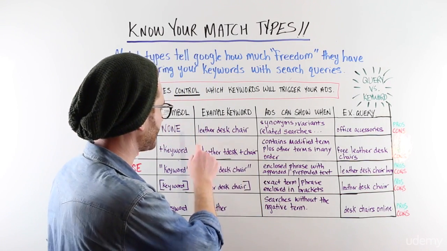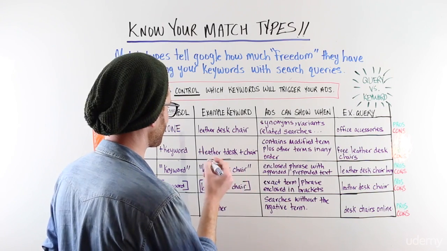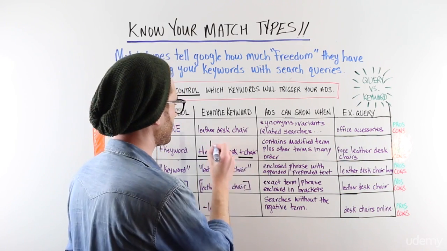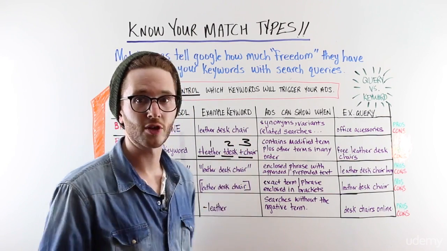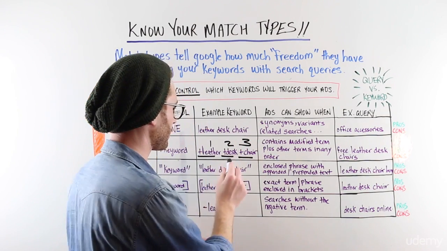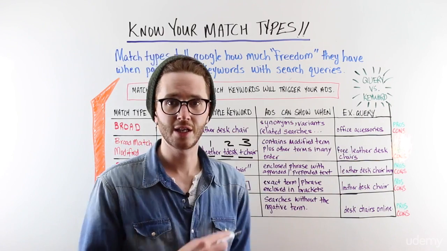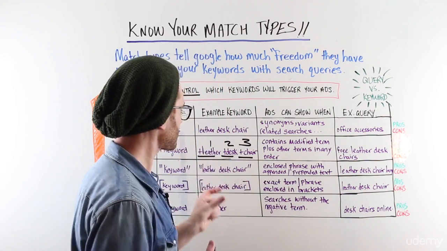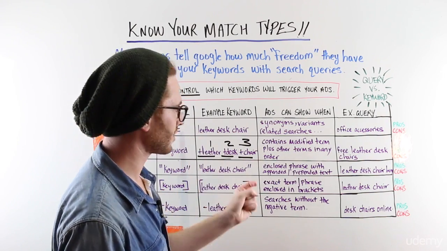So over here I have plus leather, plus desk, plus chair. I have one, two, three modified terms in this keyword. So a broad match modified keyword, in order for it to be eligible to trigger an ad, the query must contain all my modified terms.